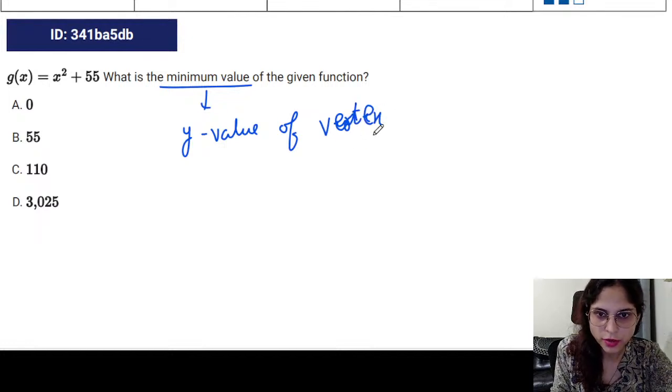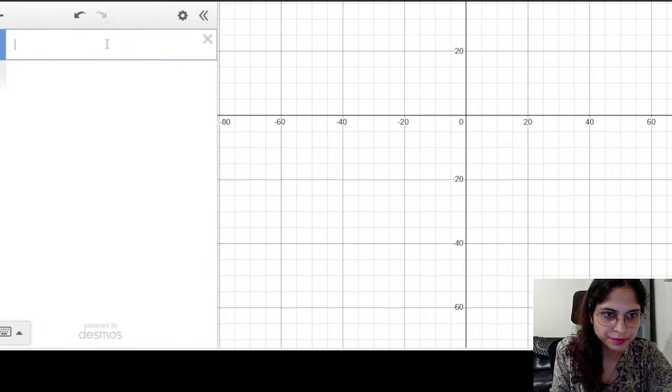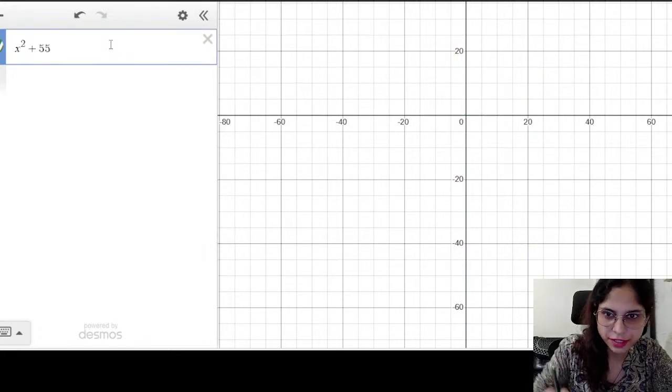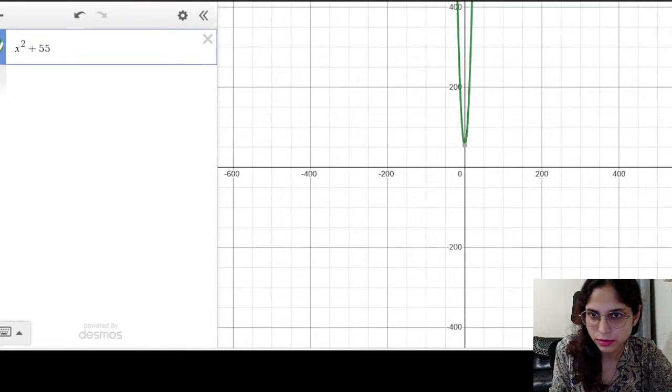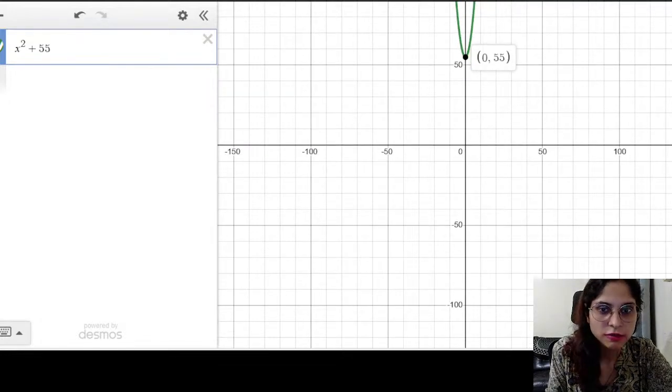You have the equation x squared plus 55. You just go here to Desmos and you type x squared plus 55. Zoom out. You can see this is your minimum value because everything is above this. So 55 is the minimum value.